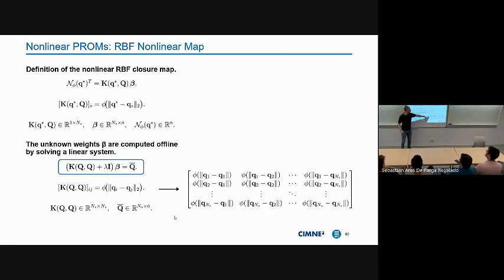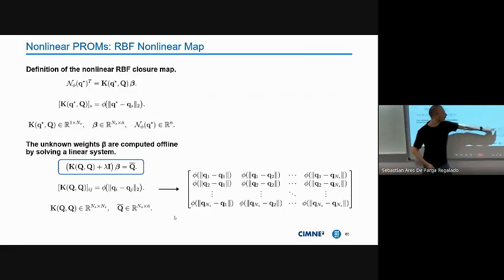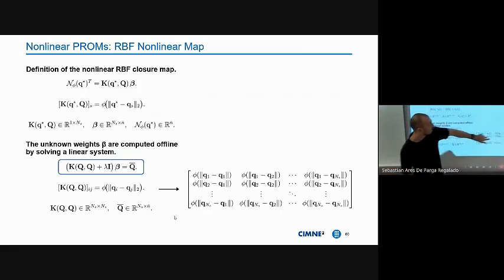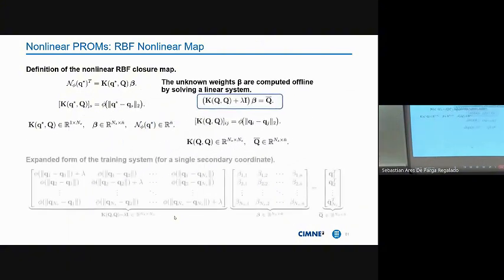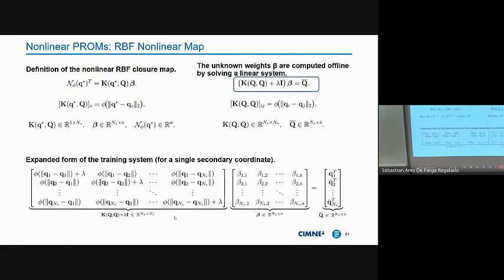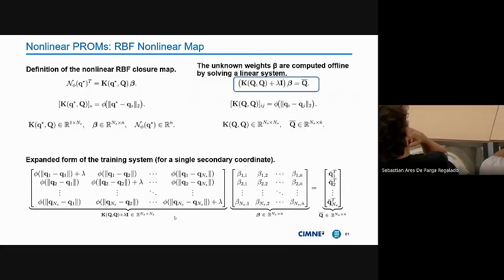So Q1 minus Q1 will be 0, then Q1 minus Q2, Q1 minus Qn, and that for all of the training points. And the real problem that you will set up also adds some regularization in the diagonal, and then this is the matrix of training points that you have, the Q bar that I was talking about.